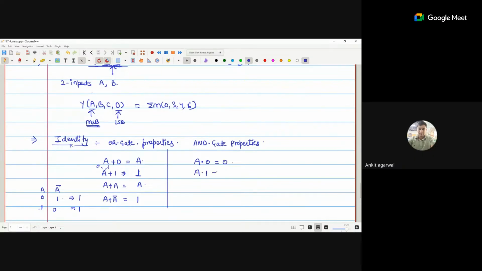A dot 1 is A. A dot A is again A. And A dot A bar is 0. So these are the OR gate and AND gate properties.